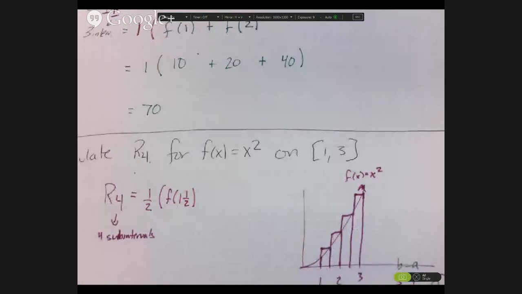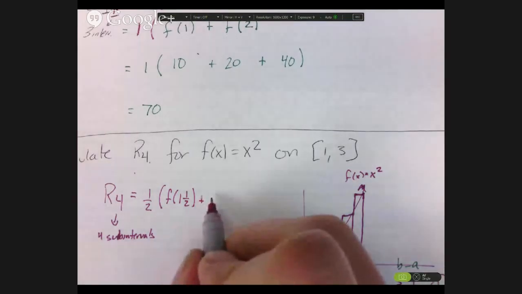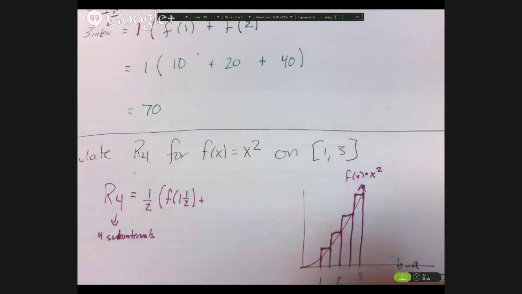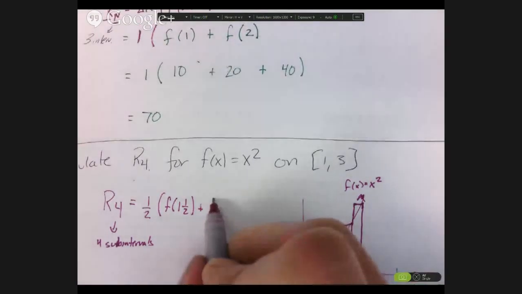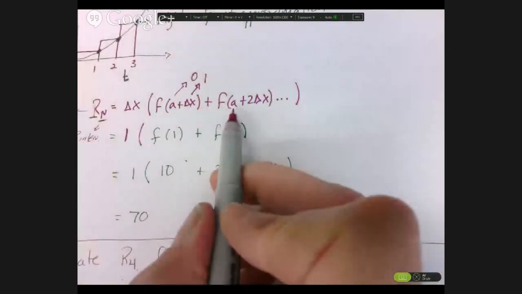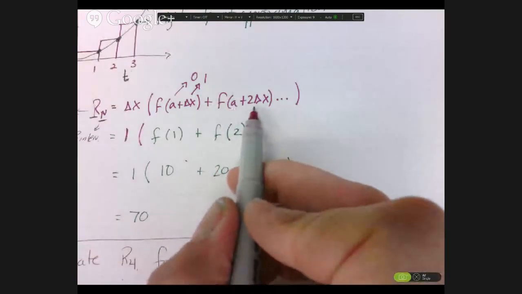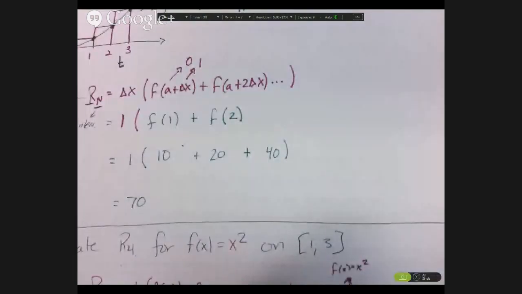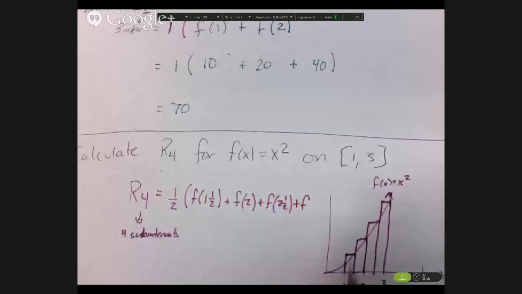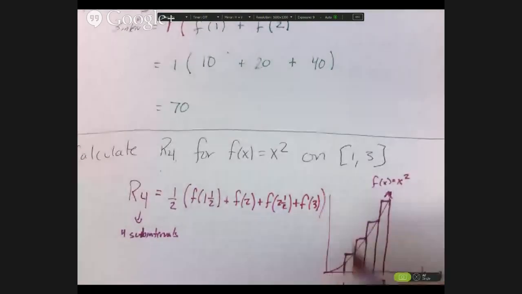Do you see where I got that? The next one, f of 1 plus 2 times delta x. So f of 2, f of 2.5, f of 3.